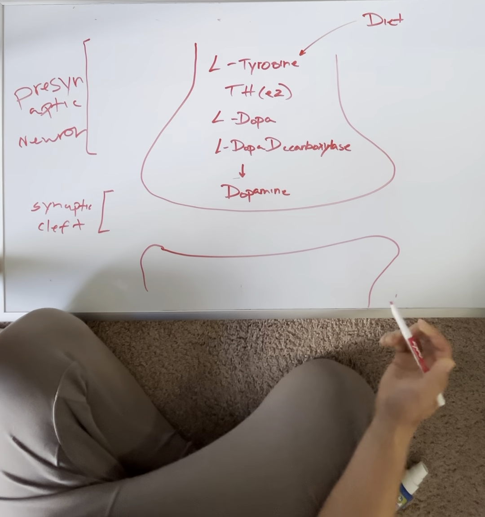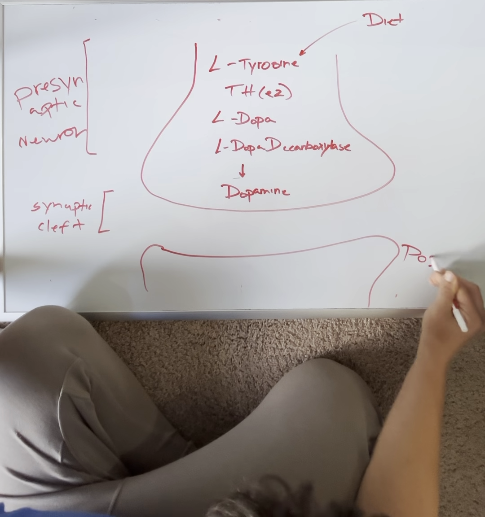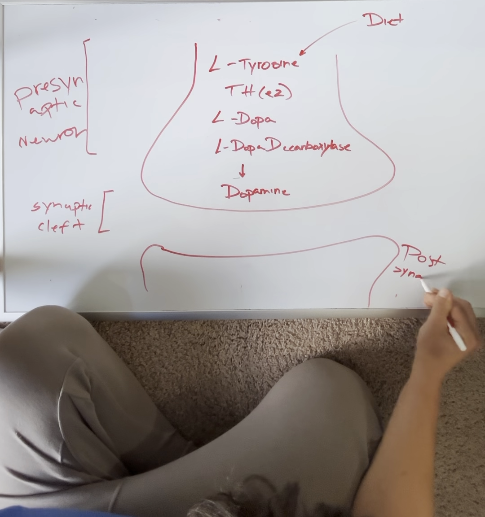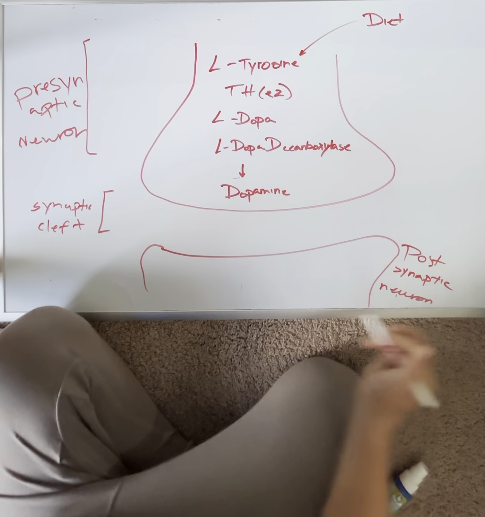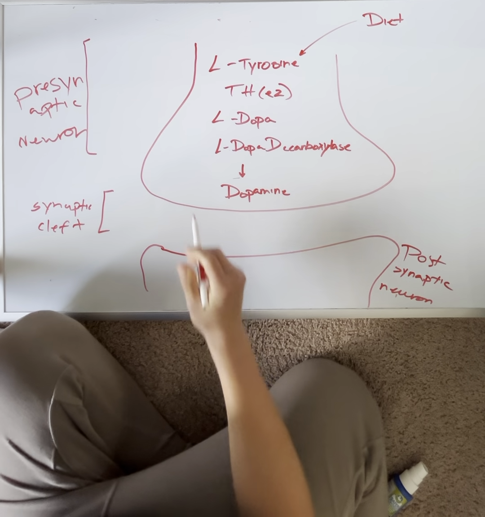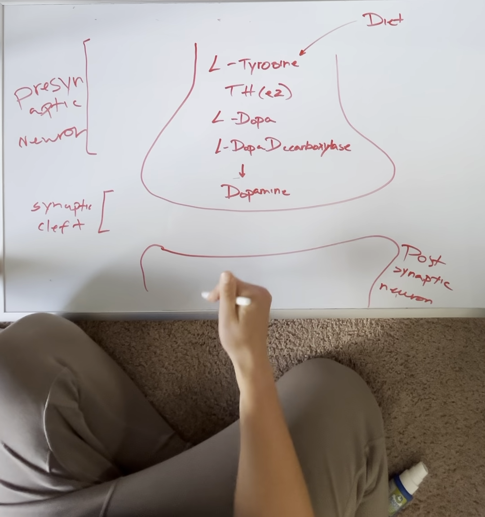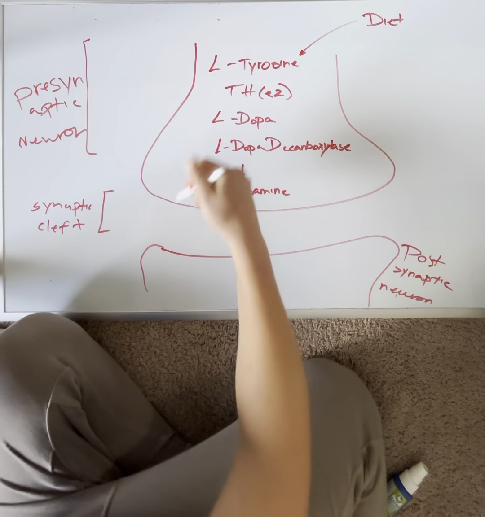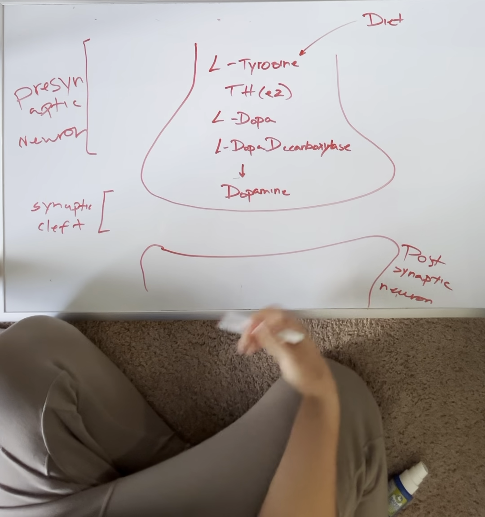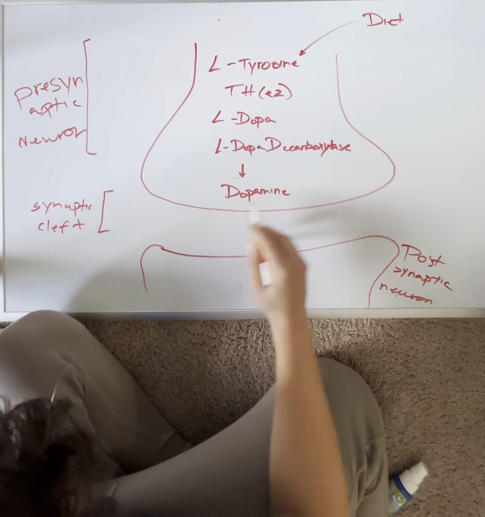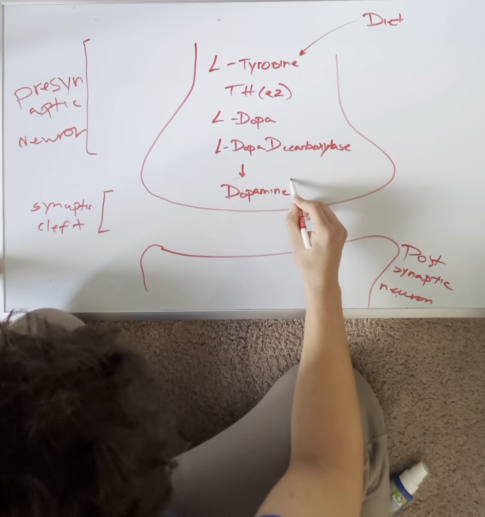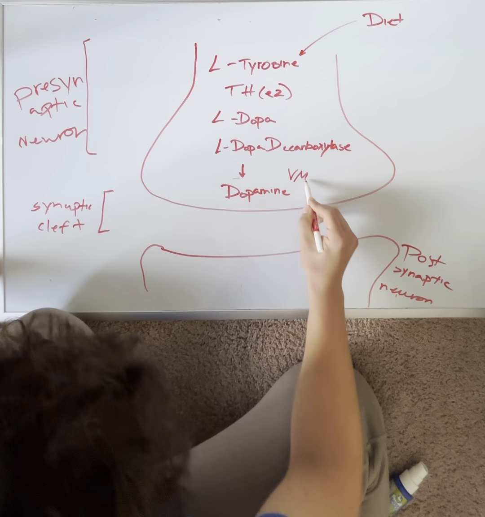And then over here we have the postsynaptic neuron. So for these two to be able to communicate and signal to one another, chemicals need to be released from this presynaptic neuron onto the postsynaptic neuron. But before we can release any chemicals, what we need to do is discuss VMAT2.